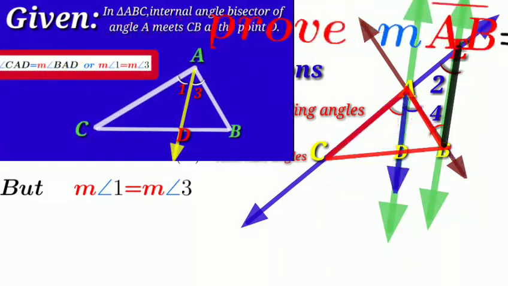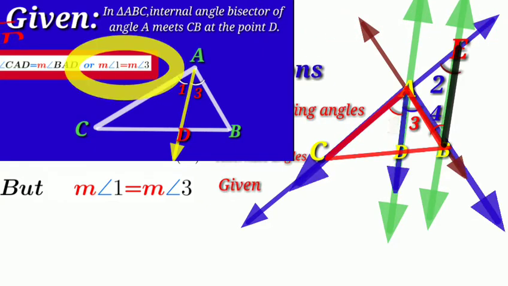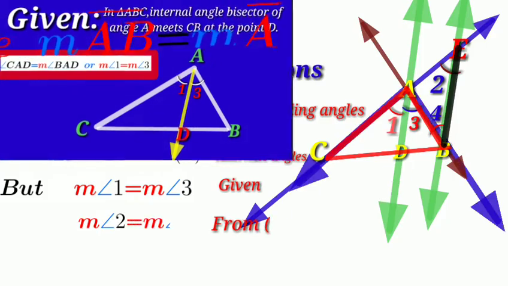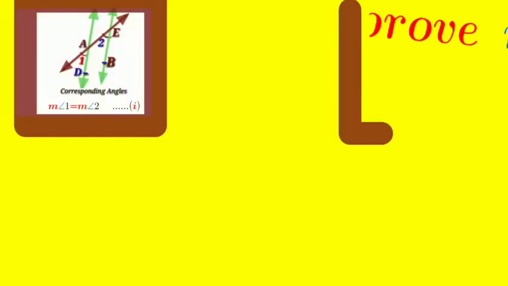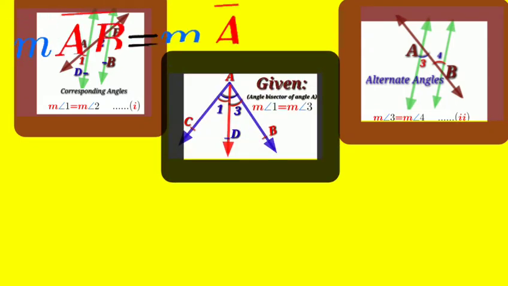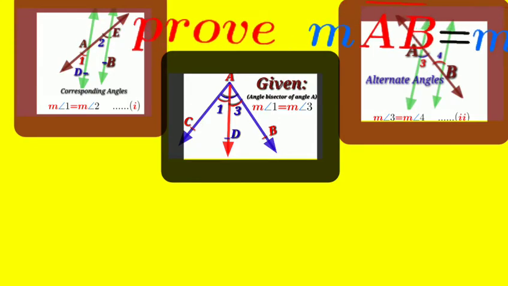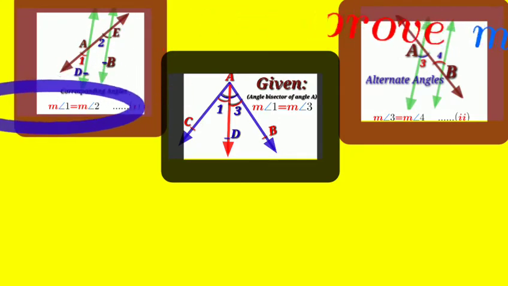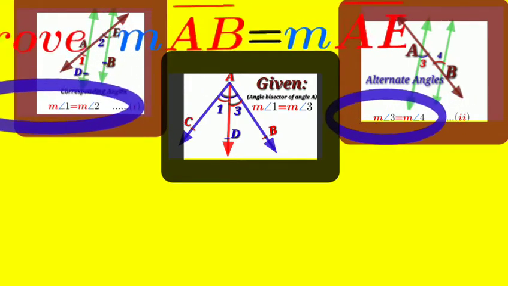But in the given, angle 1 is equal to angle 3. From equation 1 and equation 2, we make another equation which is angle 2 is equal to angle 4. With the help of the two equations, in equation 1, angle 1 is equal to angle 2, and in the second equation, angle 3 is equal to angle 4.